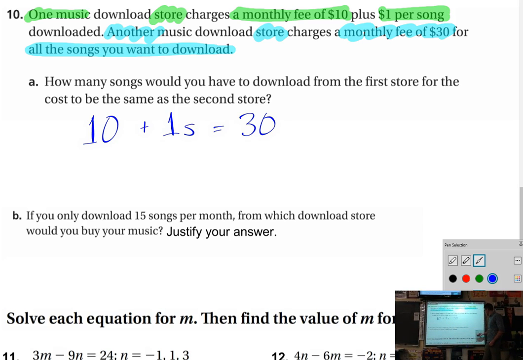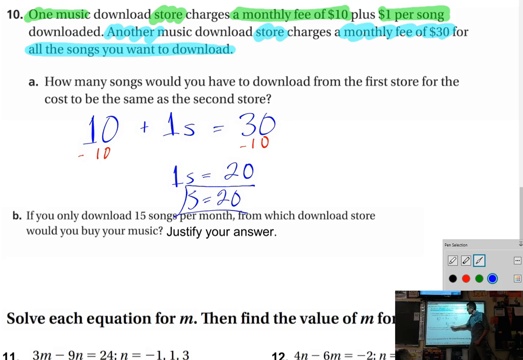I'm going to walk through the solution process, but a lot of us probably reasoned out at this point that this needs to be 20. So if I subtract my constant values to combine those like terms, I get 1 times S is 20. Well, 1 times anything is fairly redundant, so I can just say that S is equal to 20.